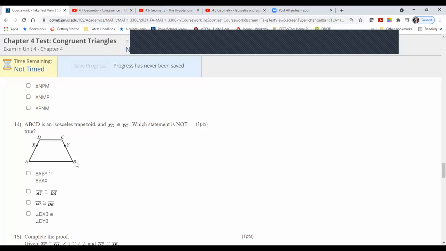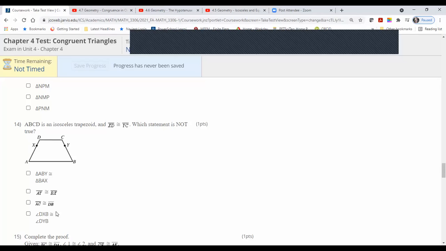So what do you think? Which one is this one? Triangle DXB. Do you think we have a triangle DXB that will be congruent with triangle DYP?